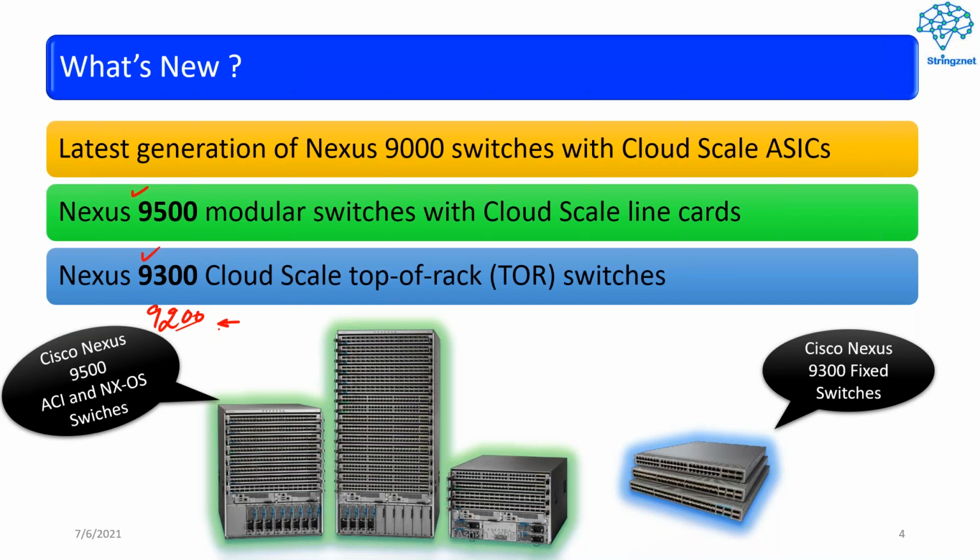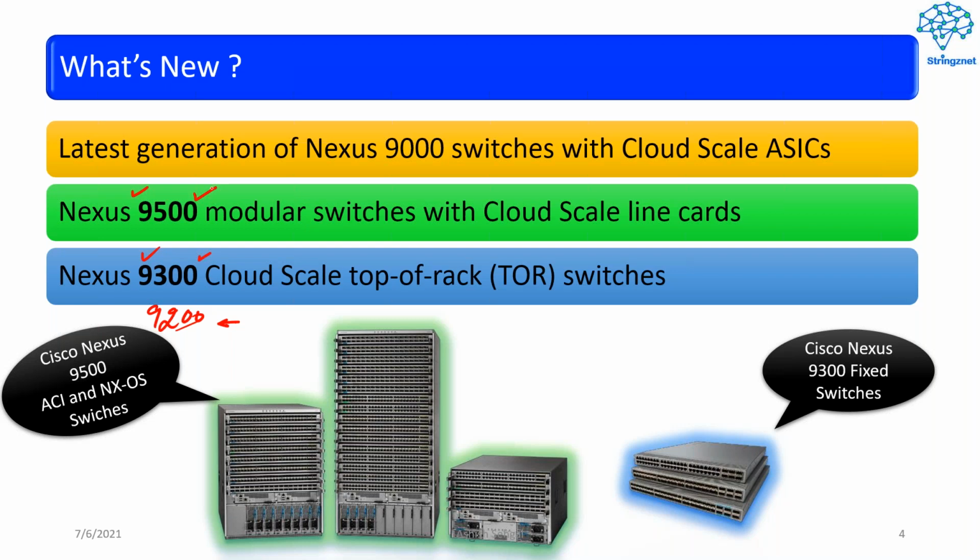We need not go through it specifically because the configuration wise it is same. But Nexus 9500 and Nexus 9300 models, we really have to befriend, because these are the models which we will be using in our topic called application centric infrastructure.